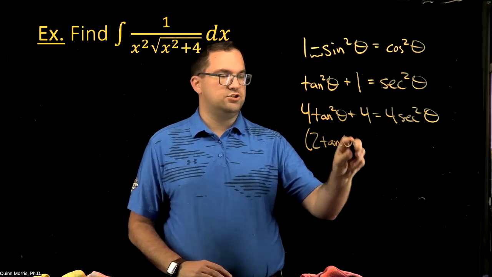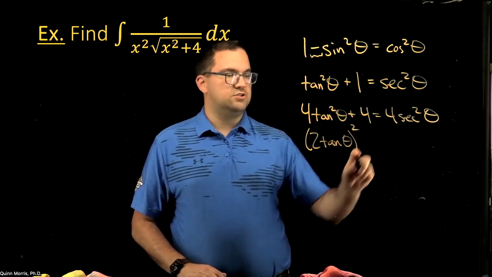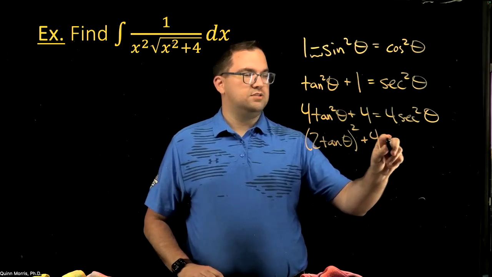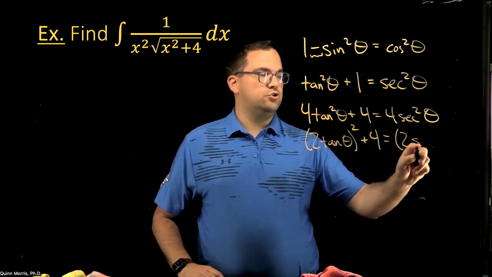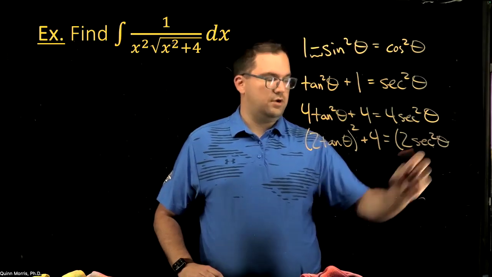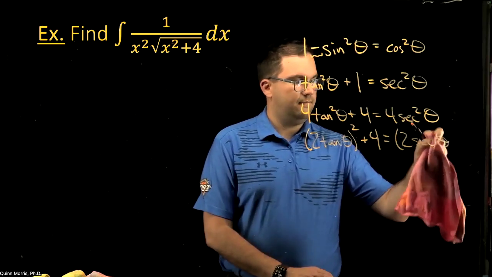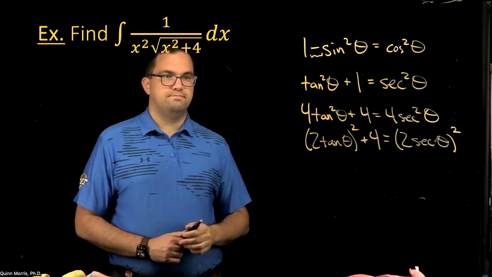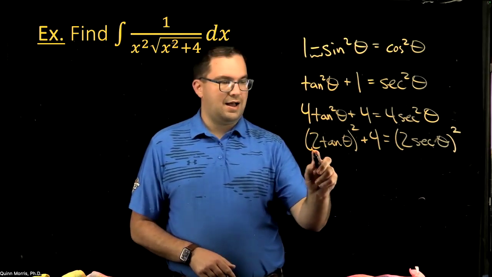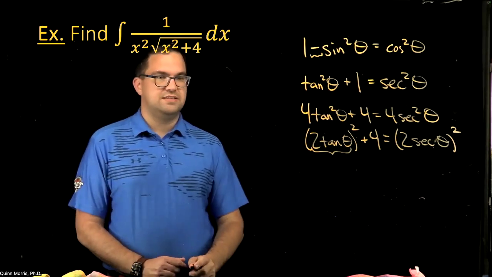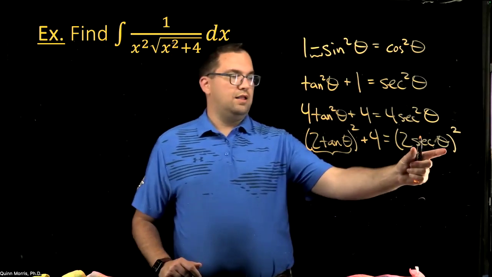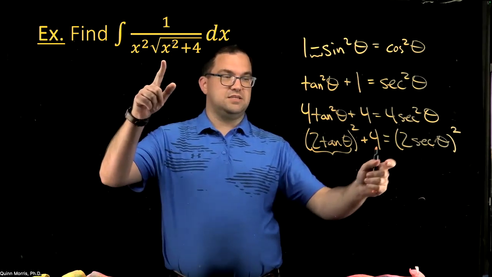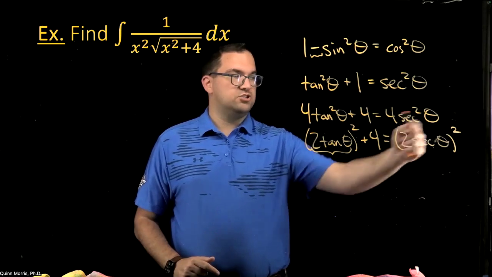This is 2 tangent theta quantity squared plus 4 is equal to 2 secant squared theta, 2 secant theta quantity squared. So I think that if I substitute this in for x in this expression, I'll end up with a perfect square.